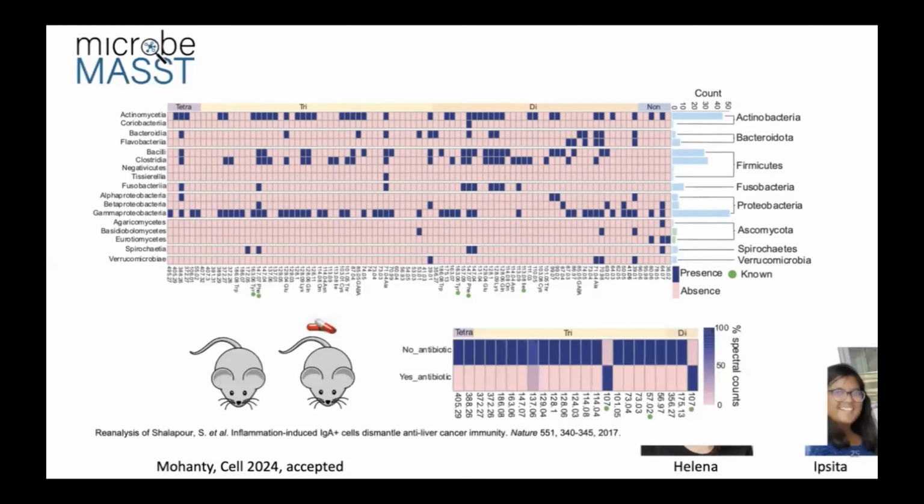And so here's a data set that was deposited in 2017, from a cancer immunity paper, where they had mice with a normal community treated with antibiotics. And so what you can see is when they were treated with antibiotics, the majority of these bile acids that we could detect disappeared. So that supports the notion that they're made by microbes.